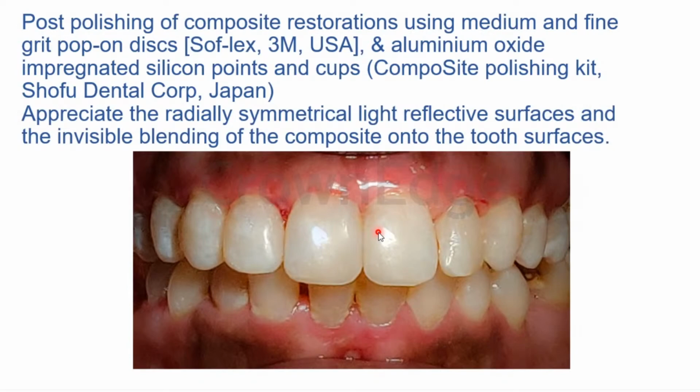So if you ask me what is the best bonding agent to use, it has been proven by a lot of restorative dentists that OptiBond FL, that is the total-etch fourth generation bonding agent by Kerr, OptiBond FL. Also, the sixth generation Clearfil SE Bond by Kuraray. These two are extremely good when it comes to the bond strengths that have been achieved.